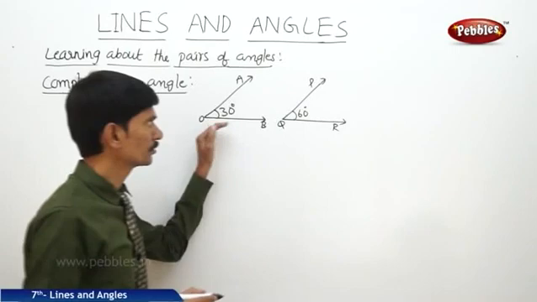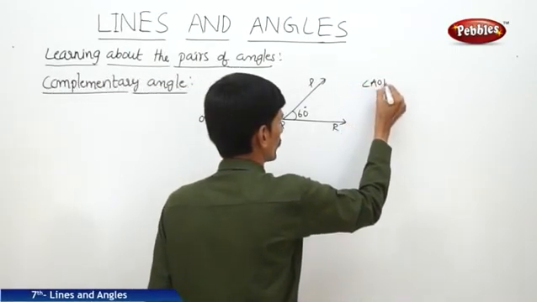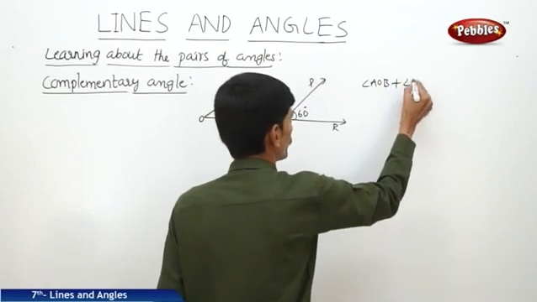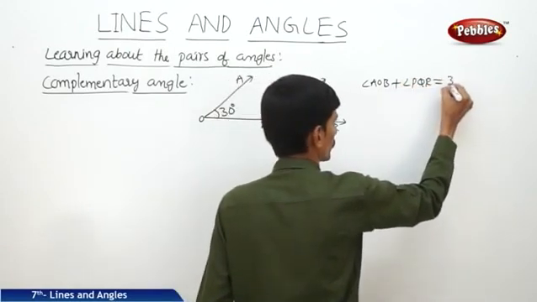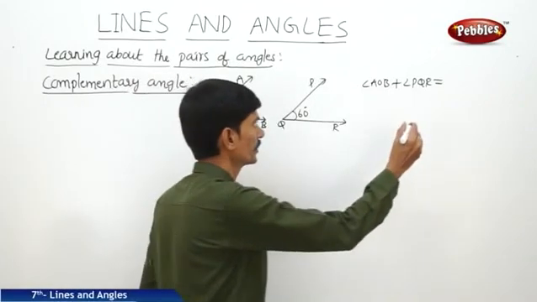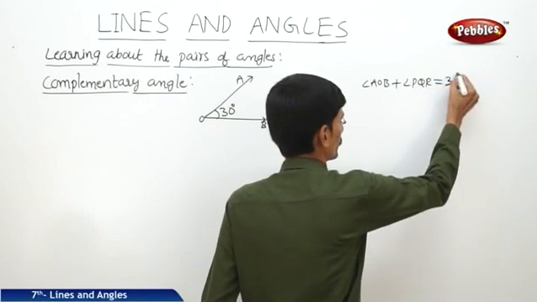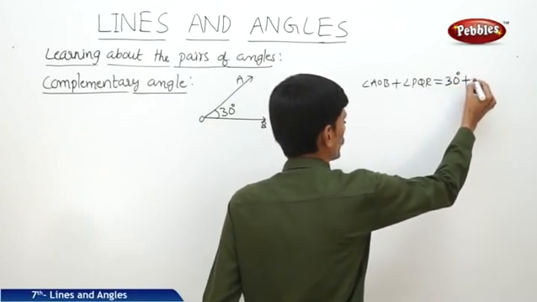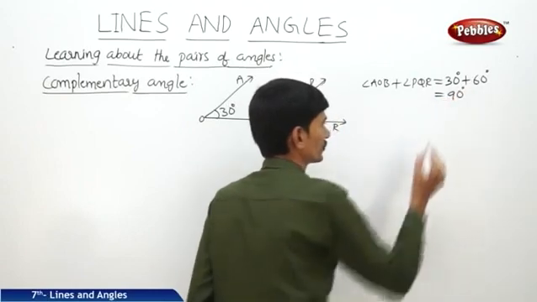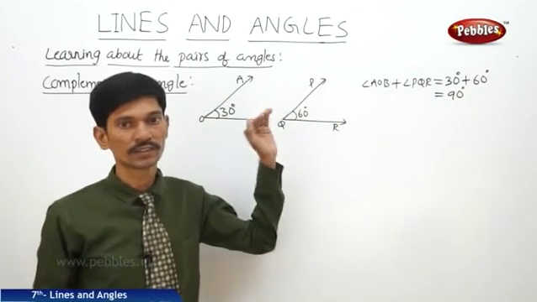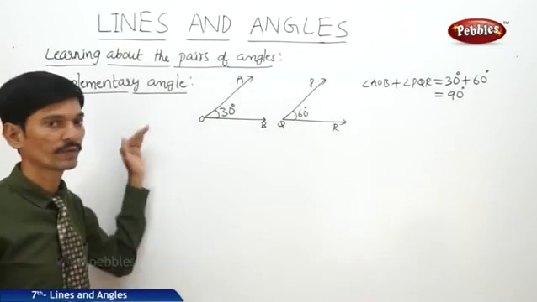Then what is the sum of the two angles? Angle AOB plus angle PQR is 30 degrees plus 60 degrees, which equals 90 degrees.